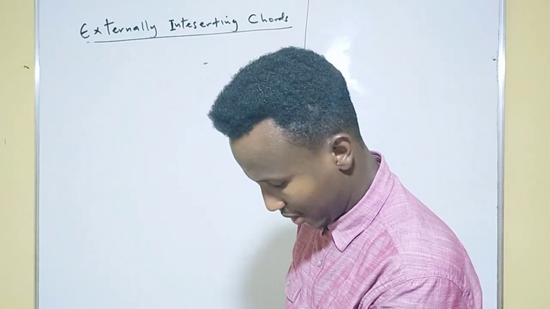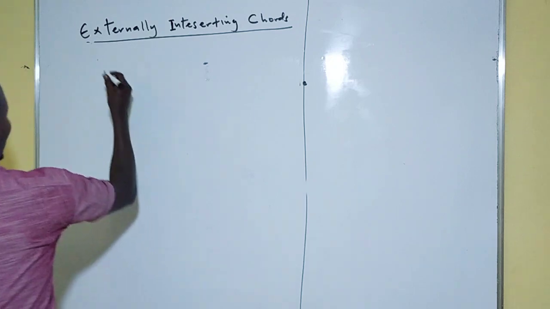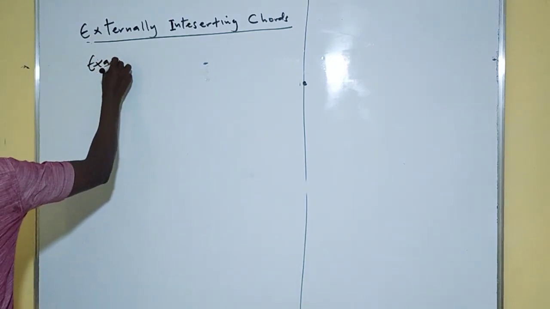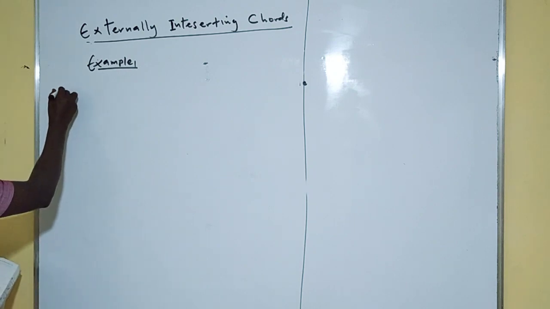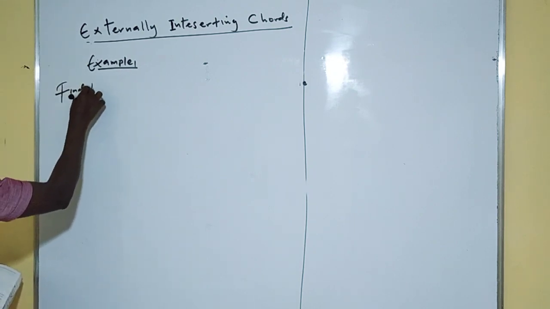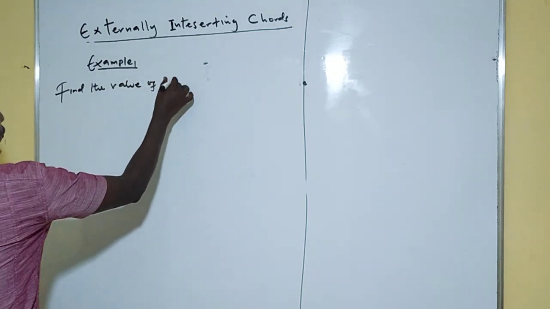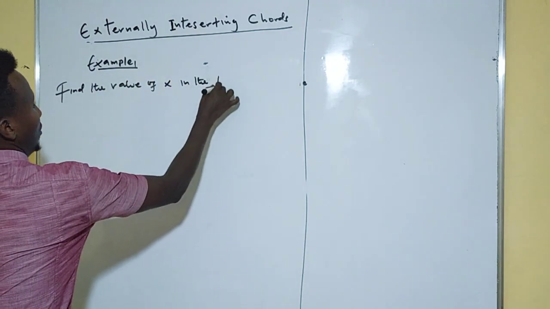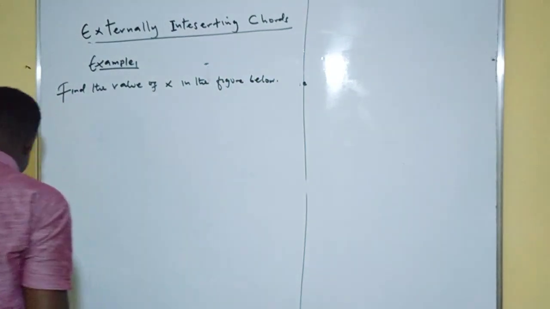Then let's see the first example. Example 1. You're told, look here. Find the value of x in the figure below. Full stop.